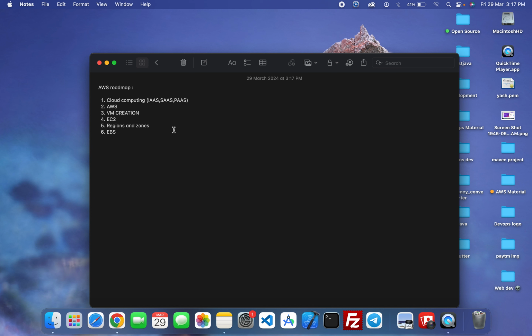We want to learn about features of EBS and what are EBS volumes. EBS volume is very important, and how to attach and detach EBS volumes to our EC2 instance. This is very important, and we want to learn about snapshots. We can create a volume and we can create a snapshot from the volume. Okay, so we want to learn that as well.